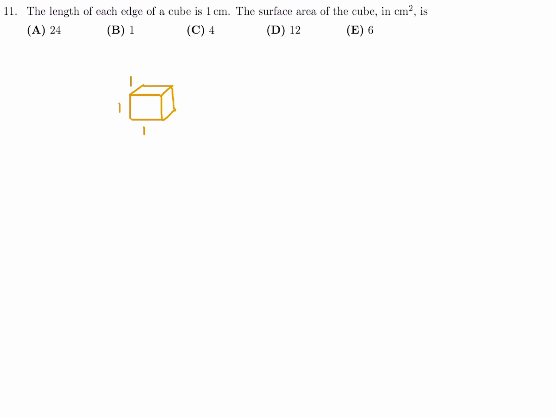And therefore, each face, here's one face, will have an area of just 1 times 1. Now there's 6 faces in a cube, so to get the total surface area, we have to look at all 6 faces, so 6 of those areas, and that would be 6 times 1 times 1, and that is just 6 times 1, which is equal to 6. So the total surface area of the cube is 6, and therefore number 11 is E.